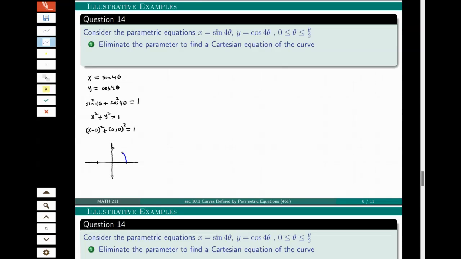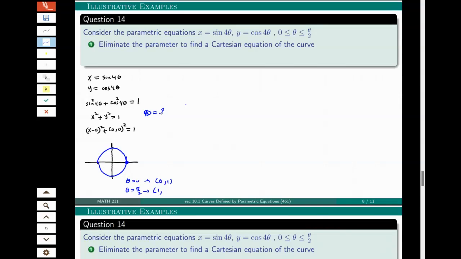So the graph will be simply the unit circle, and as I said, to know the direction, we will select beta to be 0, and I will get the point sine 0 is 0, cosine 0 is 1, so that will be the point. When I select beta to be pi over 2, it will be sine pi over 2, it's 1, and cosine. When I substitute pi over 2 here, I have to know the delta.